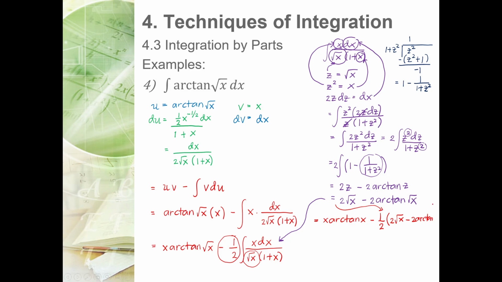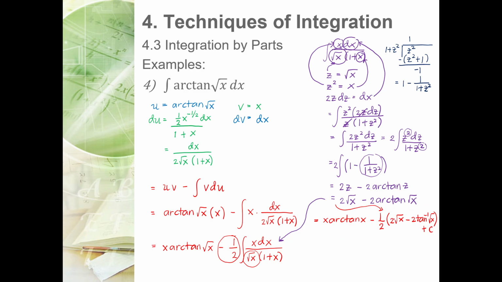It won't fit, so let's try to adjust first. So we have plus c. Don't forget plus c.